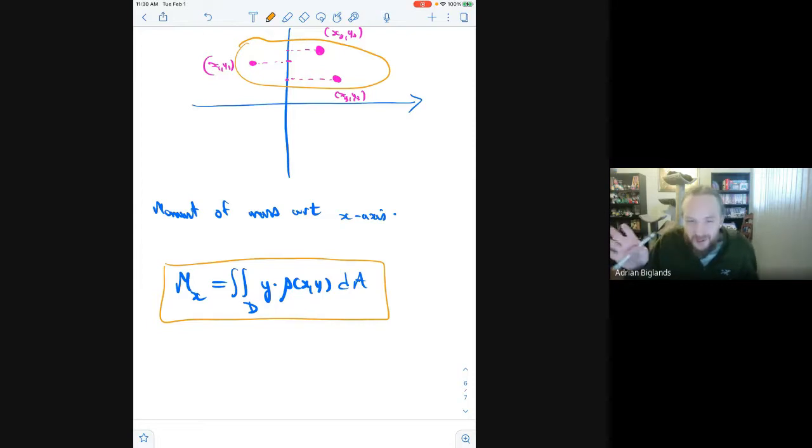Again, you don't have to know a bunch about the physics. Basically, you have to know that the formula is going to be this. The moment of mass with respect to the x-axis is denoted Mx, but if you want, you can say x-axis, or that's y equals 0, which helps us. So because it's the y equals 0 equation, it's going to be y rho xy.